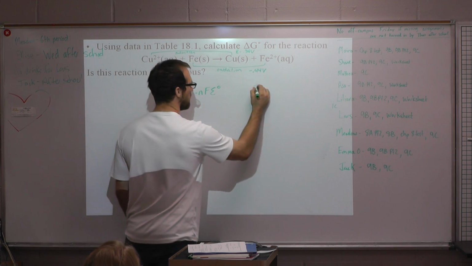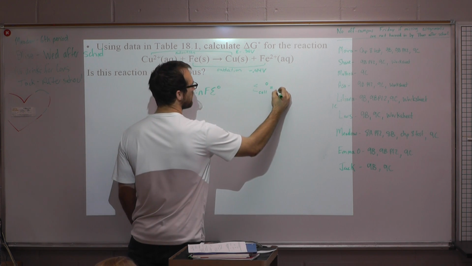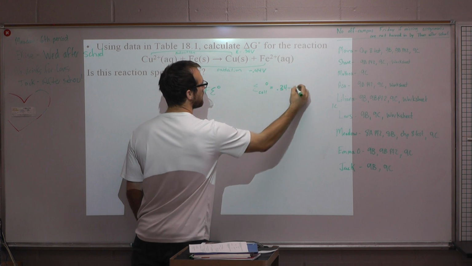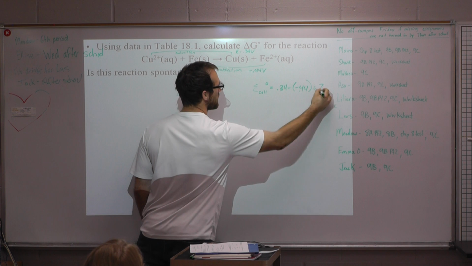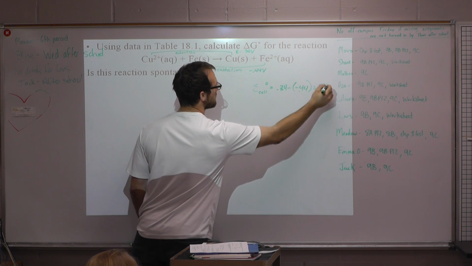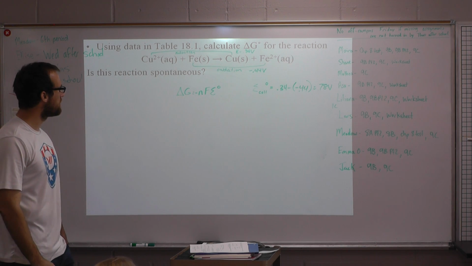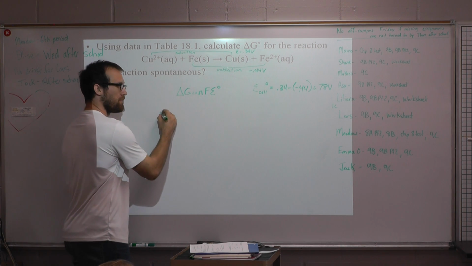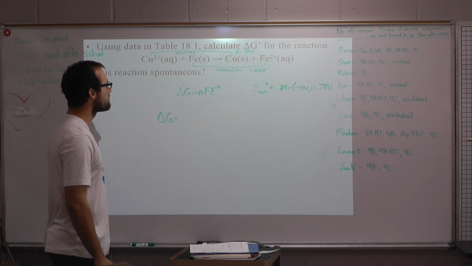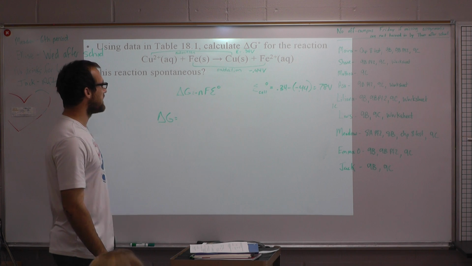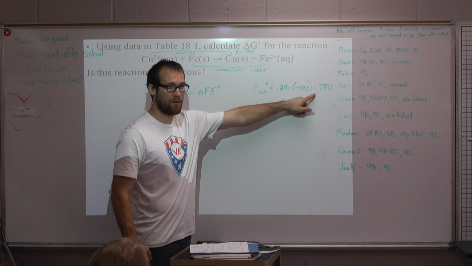So our E cell is 0.34 minus a negative 0.44, giving me 0.78 volts. Just review from the other day. So you can even solve the whole thing as long as you know the sign of the E. Technically, if I know this is a positive E, I could tell you it's spontaneous right now.